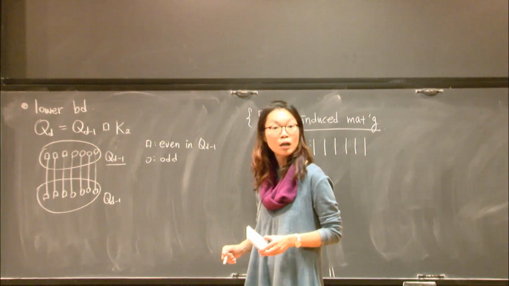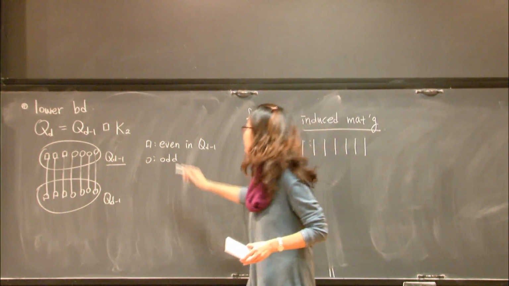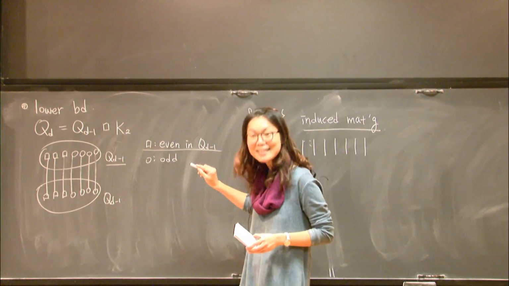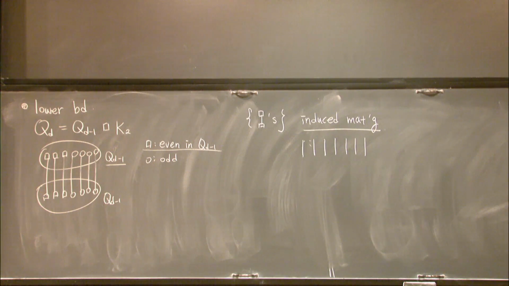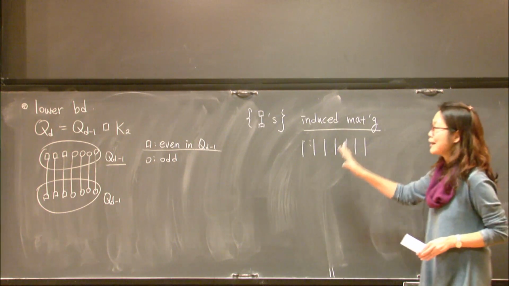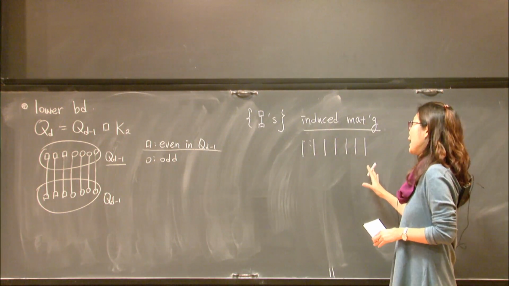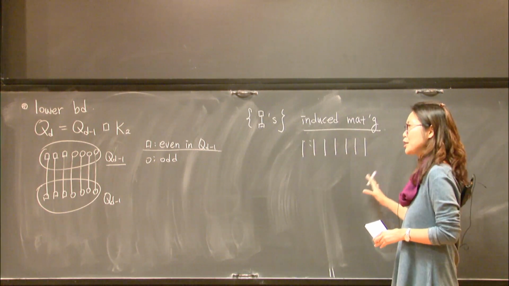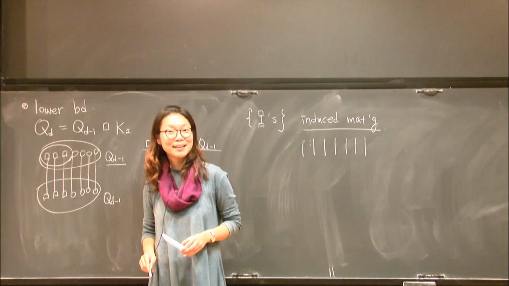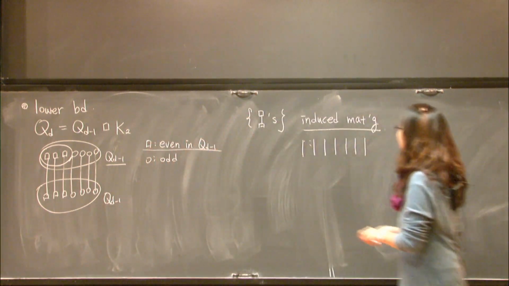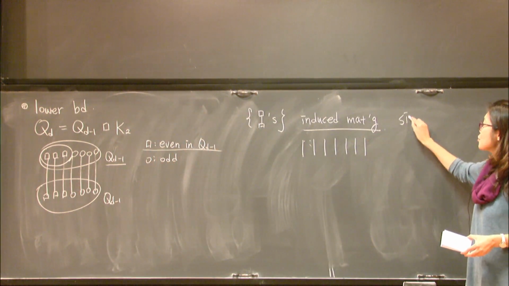Yes, it's even in QD minus 1. Thank you. Is it better now? Okay. So we collected all of the even edges, and then it forms an induced matching because this is an independent set. Okay, then what's the size of this induced matching?